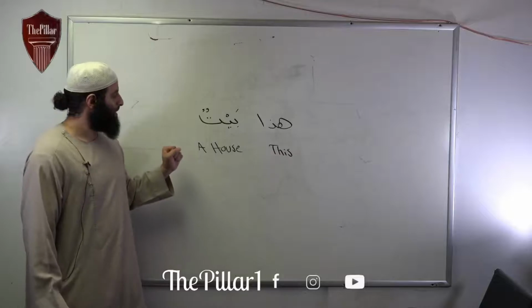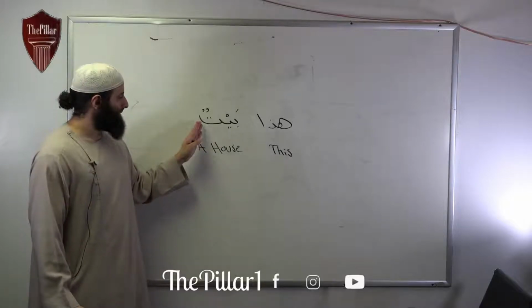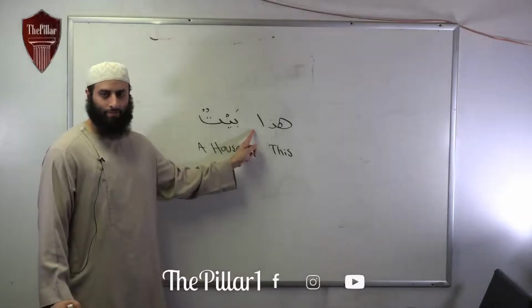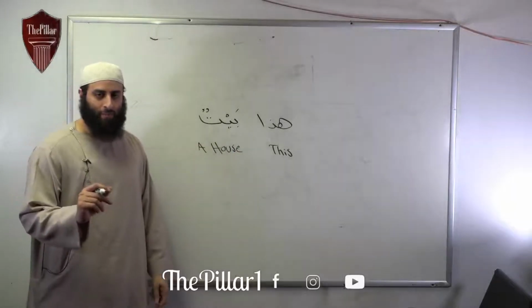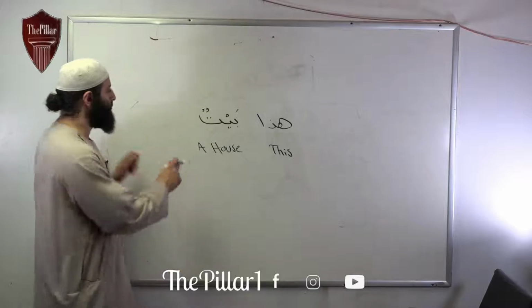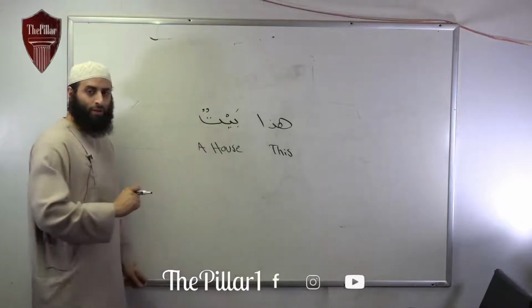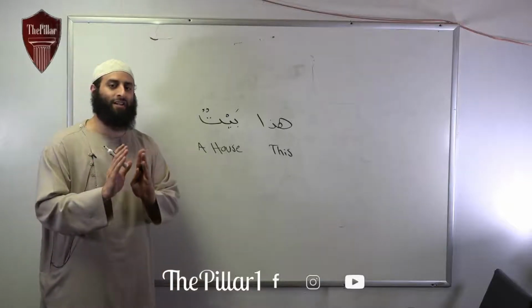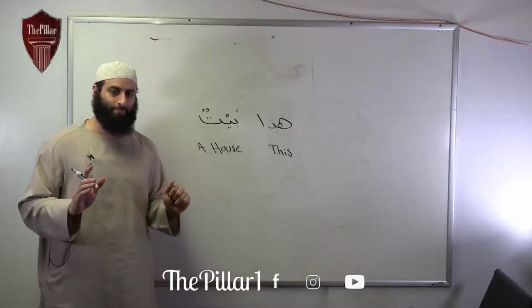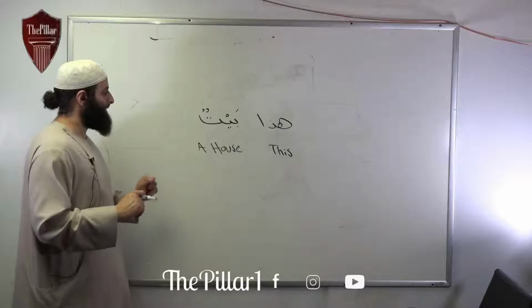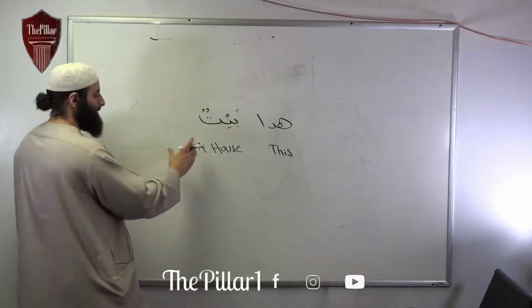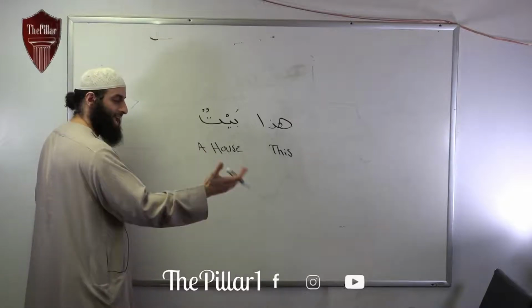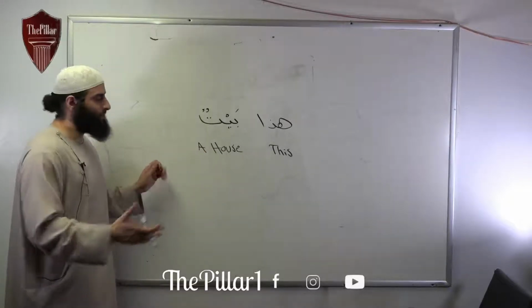Now, how do we know this says a house when there's not an a here? There's no alif there, right? This is the benefit of seeing tanween at the end of the word. If you see tanween at the end of the word, it means it is not specified, and it is indefinite. It's talking about a person, a house, a car, even though there's no letter there.